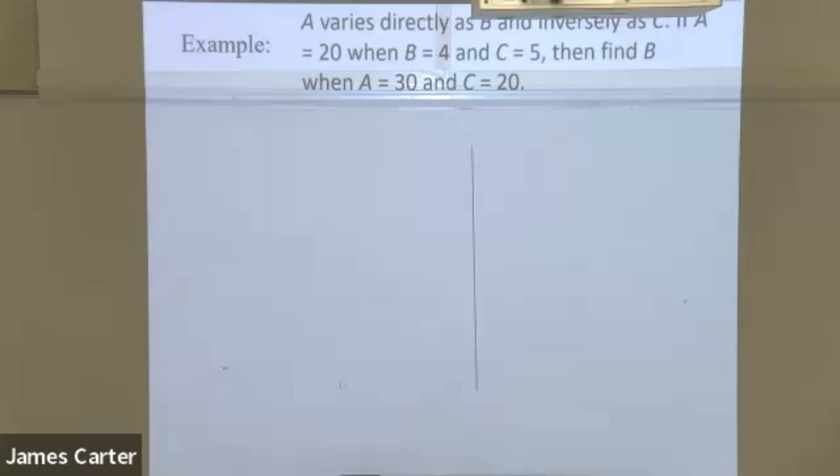A equals K times B over C. Hopefully all of you got that far.